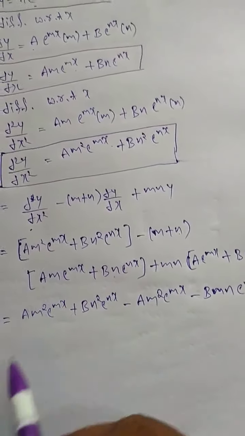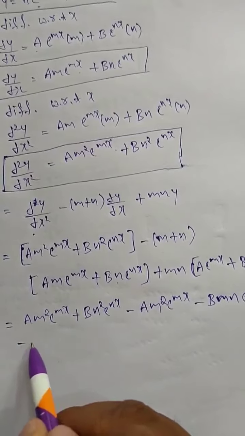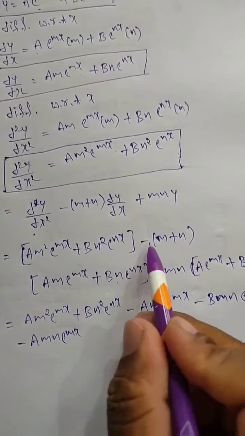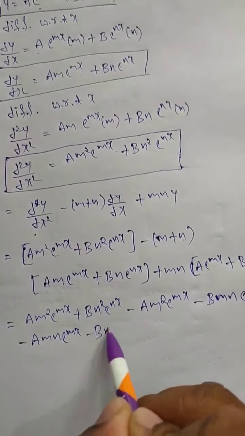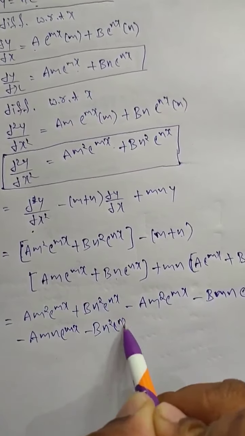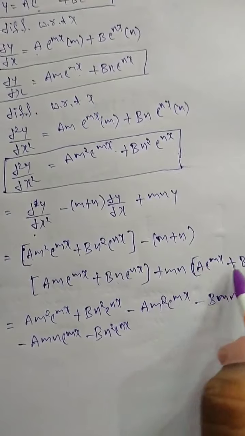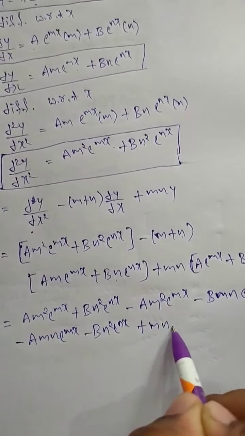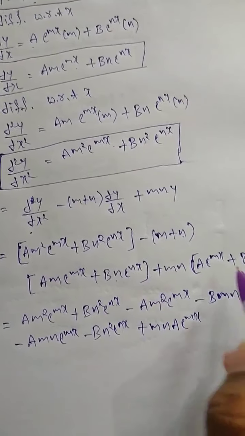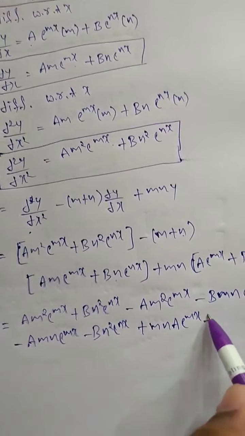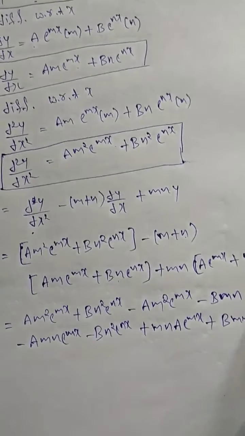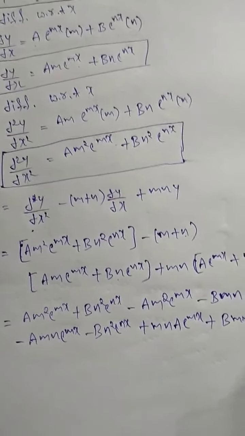Next I am multiplying the n: minus amn e to the power of mx minus bn square e to the power of nx. Then I am multiplying the mn here: plus amn e to the power of mx plus bmn e to the power of nx.